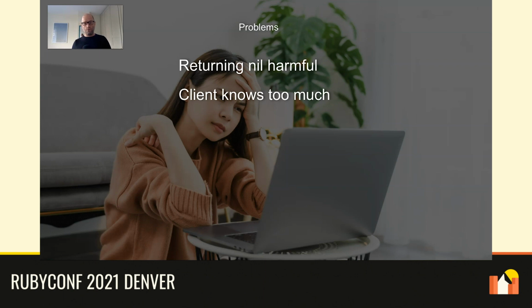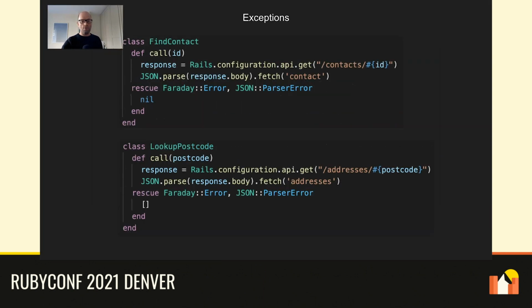The client also knows too much. The client, which in this case is the controller, knows what nil means. It knows what empty array means. And I want to ask you this. What in this code back here is the difference between finding a contact that doesn't exist and finding a contact that does exist but the call failing?